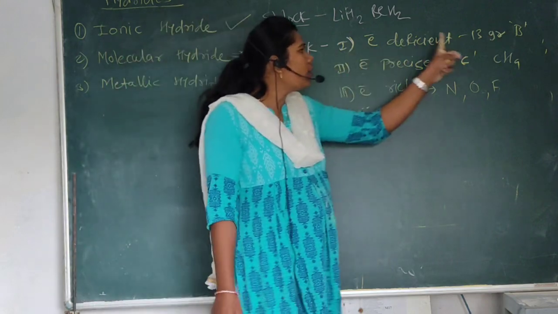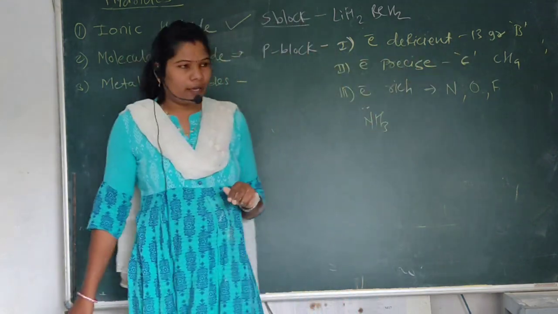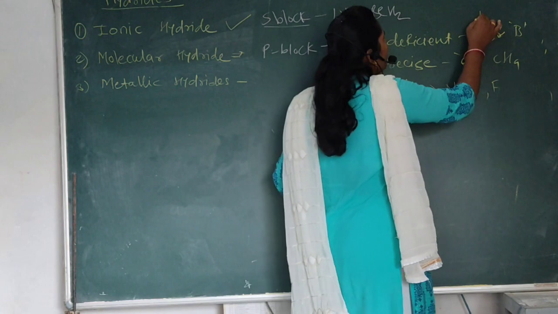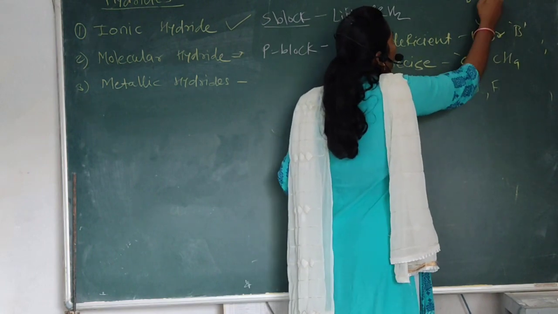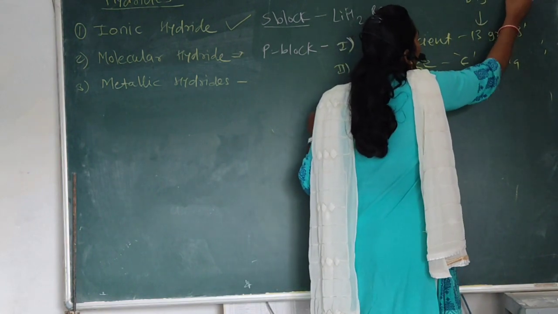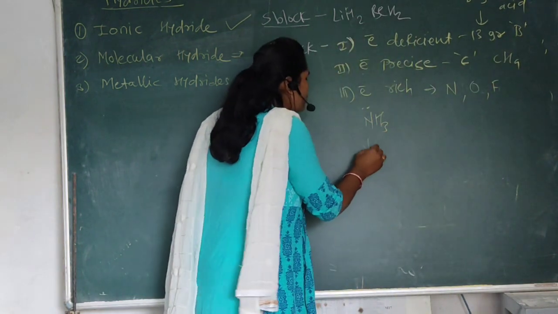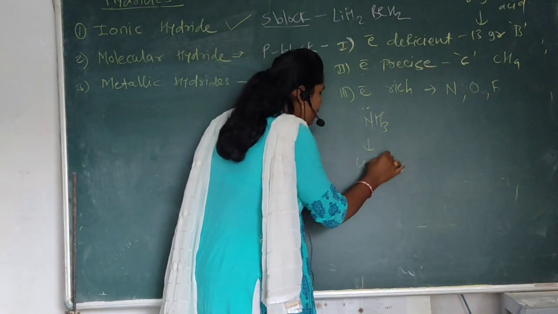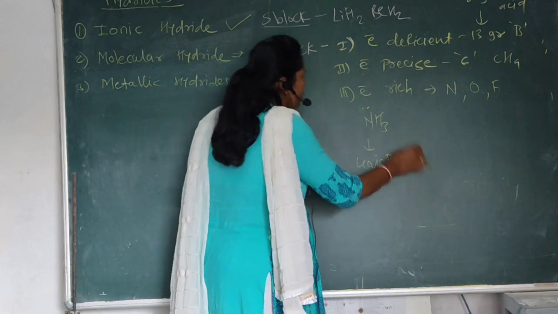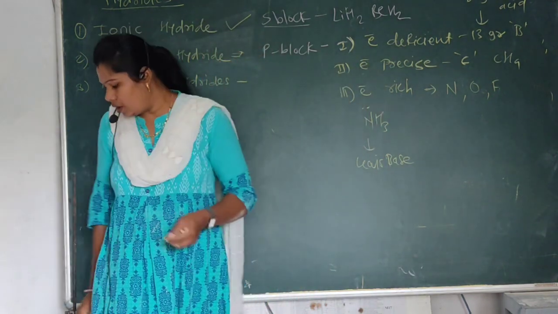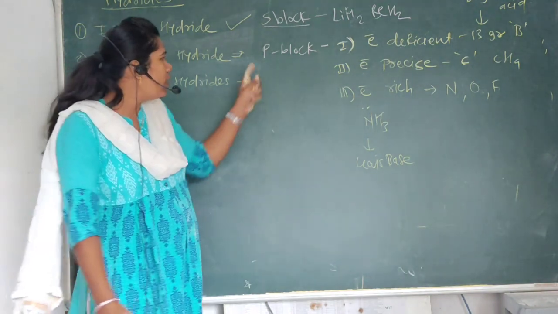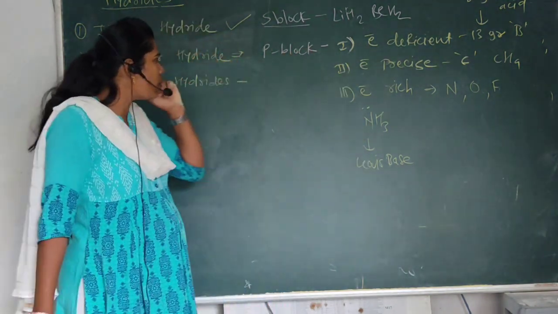The electron deficient hydride contains a smaller number of electrons, and that's why it is used as a Lewis acid, and the electron rich ones are used as a Lewis base. This is all about the molecular hydrides. We already discussed all this topic.